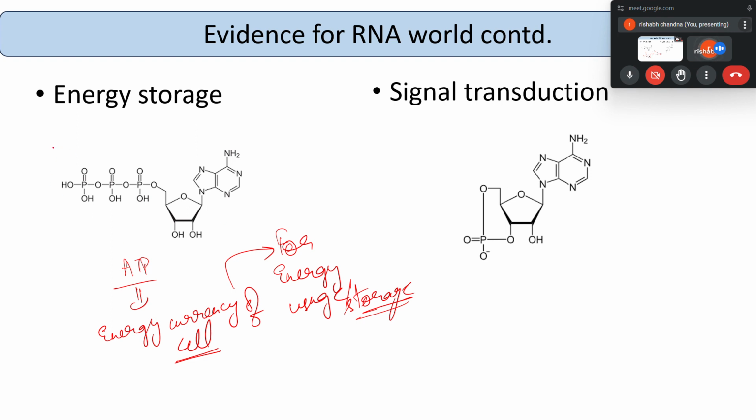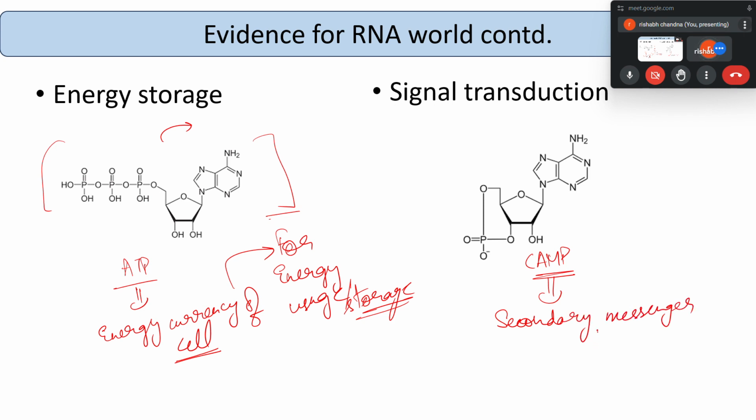So this is also an example that RNA was used as an energy source when other molecules were not there. Then the same with signal transduction. This is the cAMP molecule, which is a secondary messenger to amplify the signal.